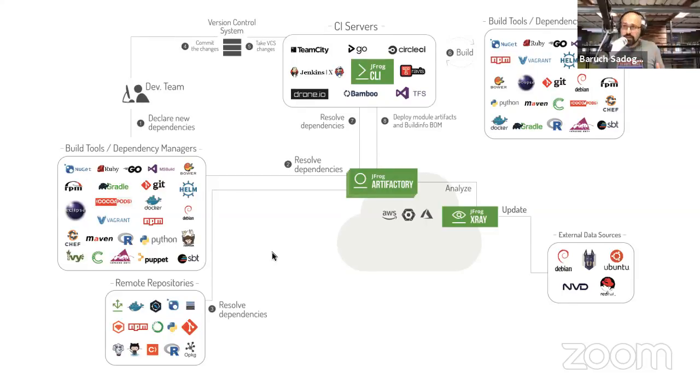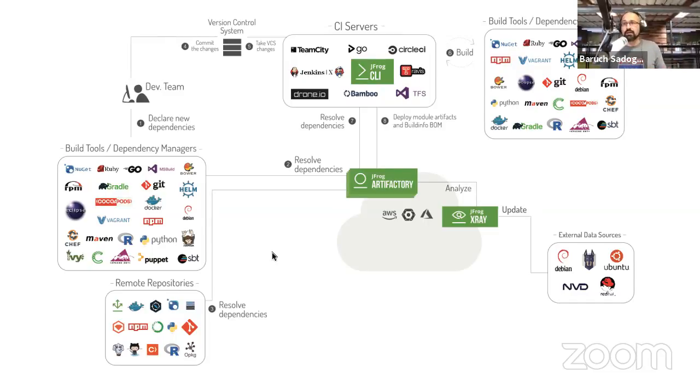Here we enter the discussion of the importance of metadata that we will mention multiple times today, because all we do is gather metadata, search metadata, and make decisions based on metadata. This is the first step. The metadata about how the artifacts were created is one of the most important pieces of metadata out there, and it is collected in the CI server. There are multiple ways to collect it.